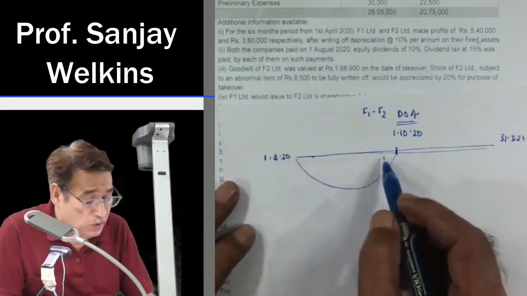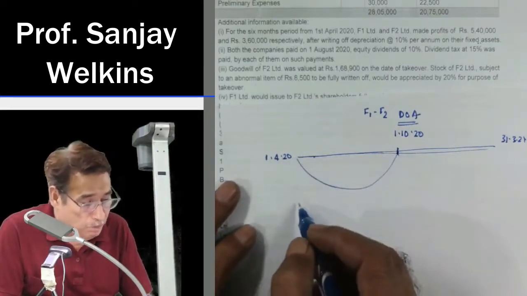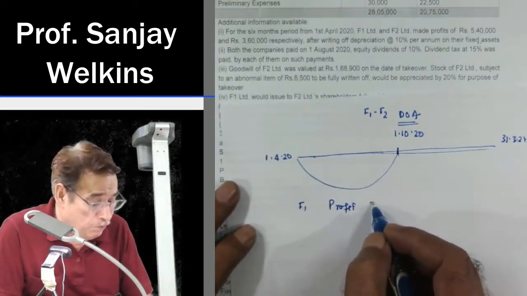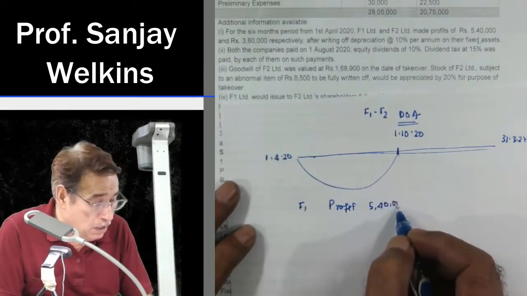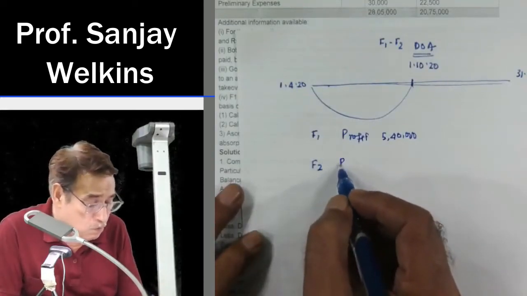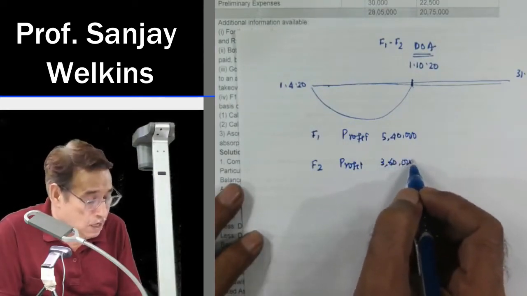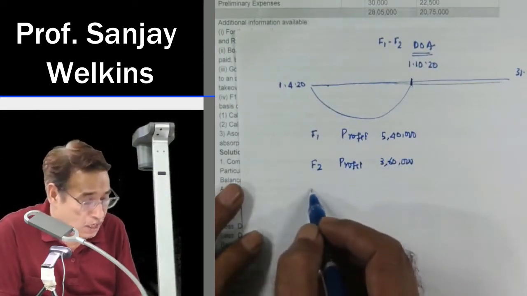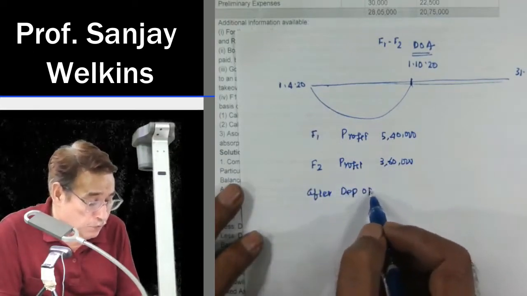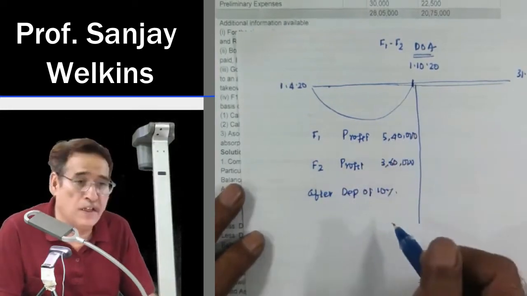That means in the first 6 months, from 1st April till 1/10/2020, both the companies made profits. F1 Limited made a profit of 5,40,000 and F2 Limited made a profit of 3,60,000. And these profits were earned by both these companies after writing off depreciation of 10%. Both these companies earned profits of this much in the first 6 months. Correct?